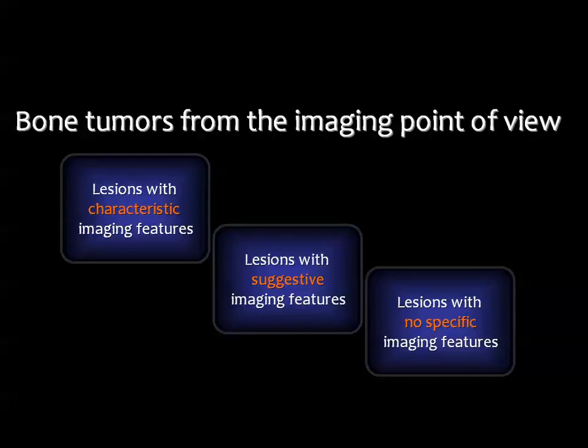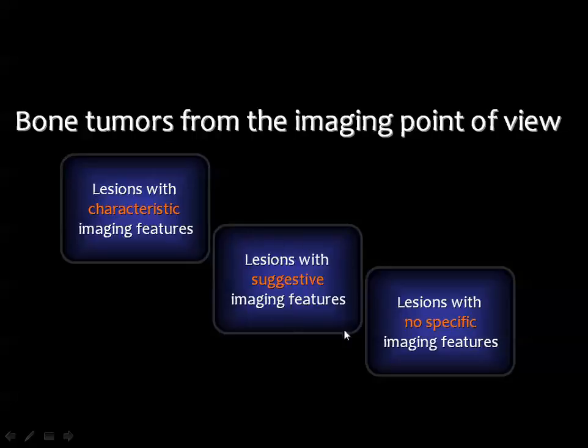I have divided the bone tumors into three major parts. The first part includes lesions with characteristic imaging features. So if you see the lesion, you say that this is the tumor so and so. Let us say that this group is a spot diagnosis. Whenever you see the tumor, there is almost no differential diagnosis.